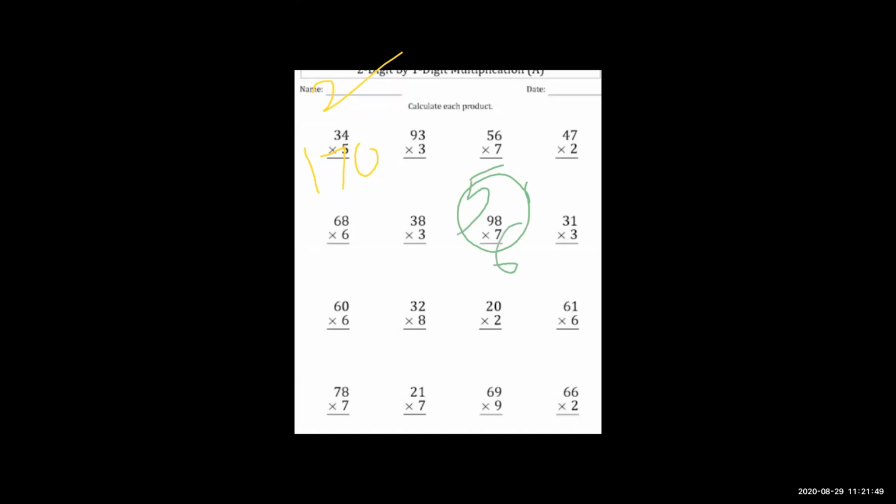9 into 7. 63 plus 5. Tell me the answer properly. 9 into 7 is 63, plus the carry 5 you want to add.